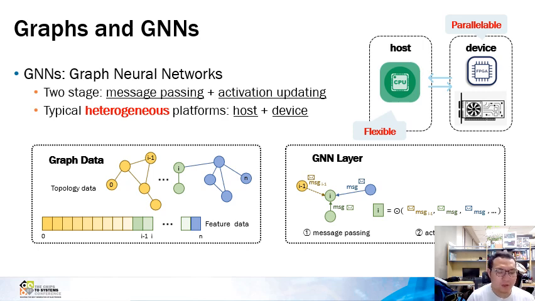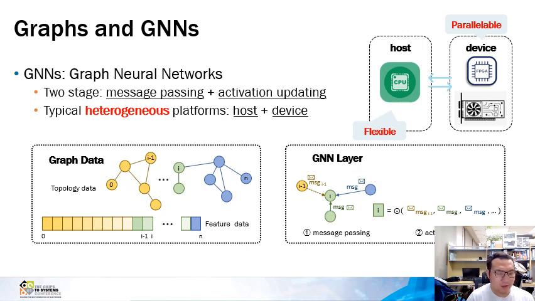Thanks to the well-sound performance of the latest GPU and FPGA, GNNs typically run on heterogeneous platforms for training efficiency. It means they use a combination of different types of hardware to get the job done.